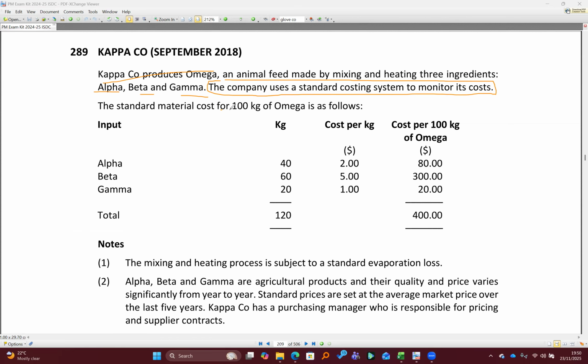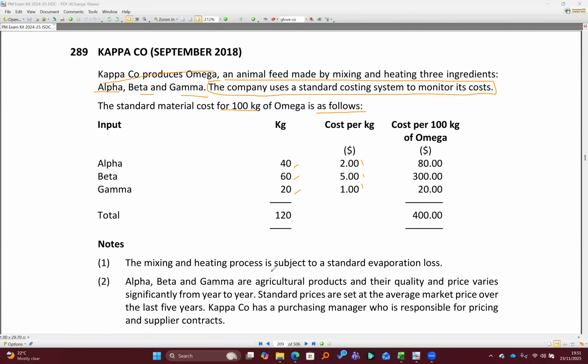So standard material cost for 100 kilograms of omega is as follows. It has 40 kilograms alpha, 60 beta, and 20 gamma. That's 120 kilograms. Now we can have the cost here, and then the cost per 100 kilograms of omega, 80,320.